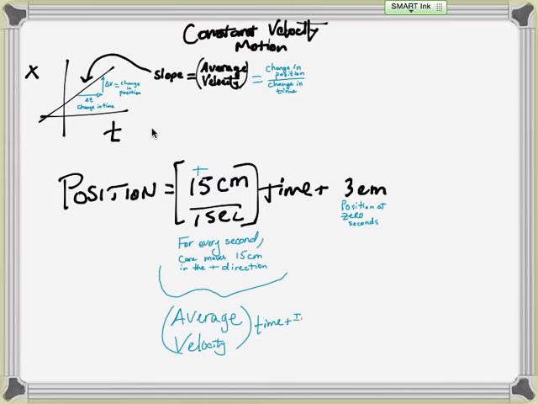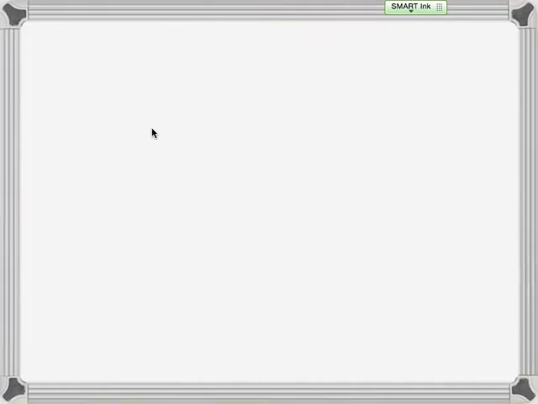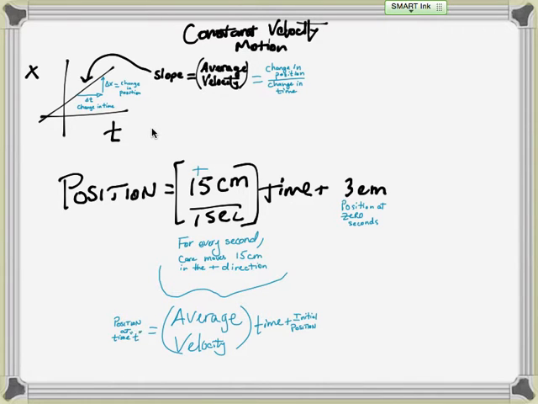That's called our initial position. On the other side of the equation, to distinguish it from our position at the beginning, the position on the left side is the position at any time we want. So I'm going to say at time t.